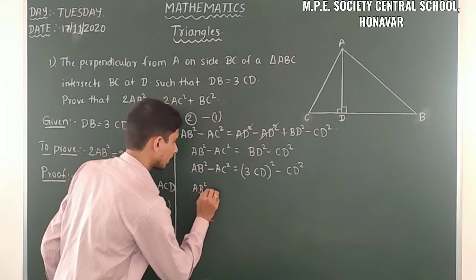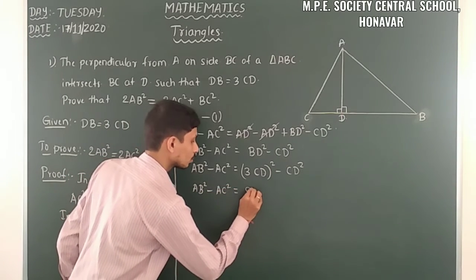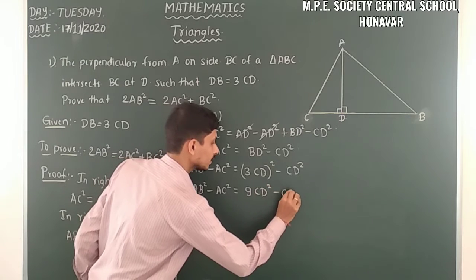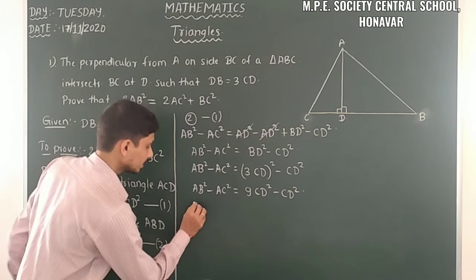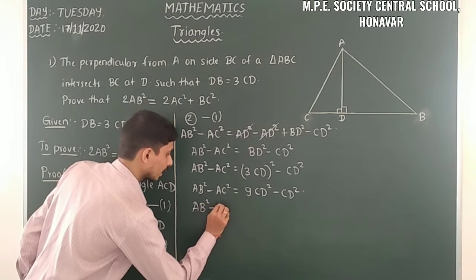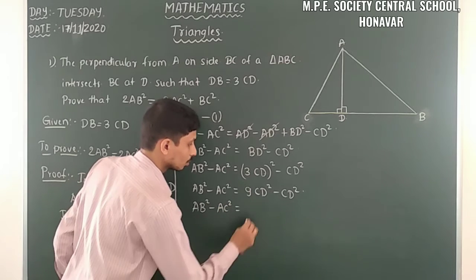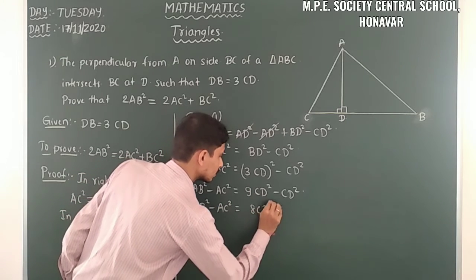So AB square minus AC square is equal to 9 CD square minus CD square, that is AB square minus AC square is equal to 8 CD square.